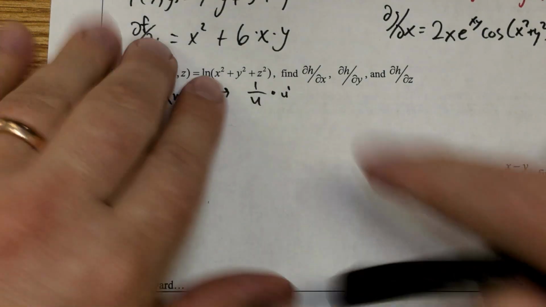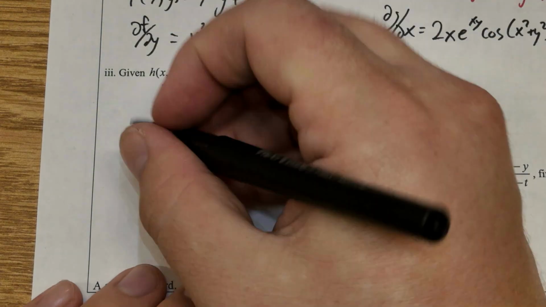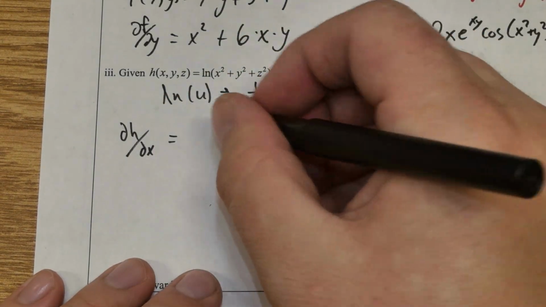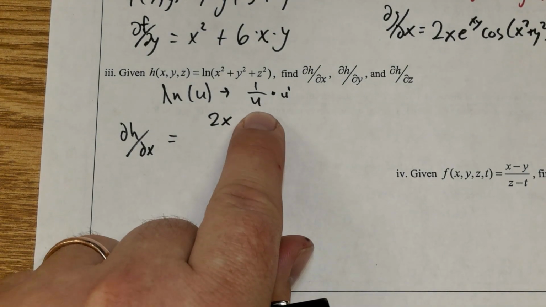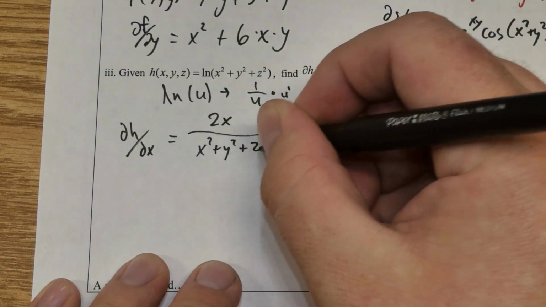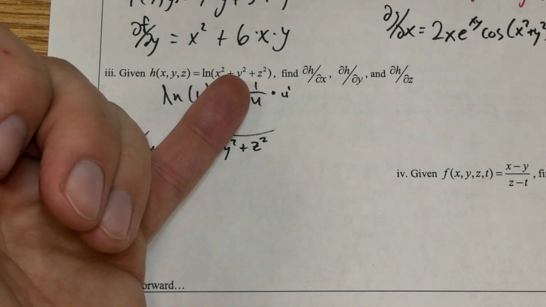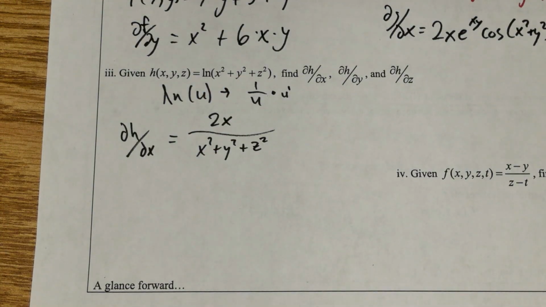Well, I know that the derivative of this, if I did it just in terms of x, would be 2x. But then I'd have to divide by that original function. The same, because that internal derivative with partials would just be 2y and 2z.